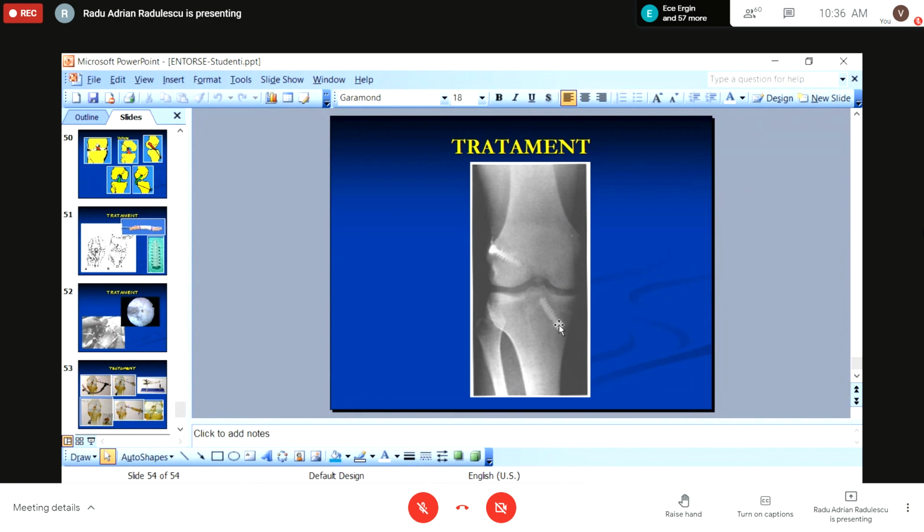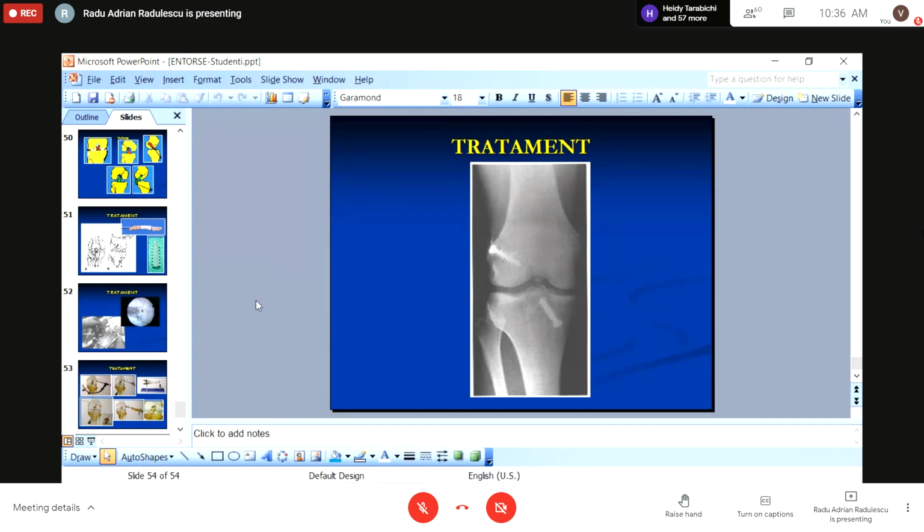They are not detectable by X-rays. I present this in order to see the direction and the position of the interference metallic screws that we were using at that time, in order to understand the principle. So the principle is to fix the graft in the tunnel by introducing these screws.